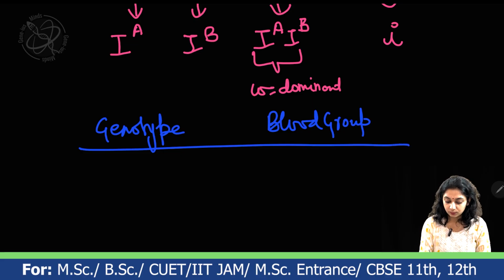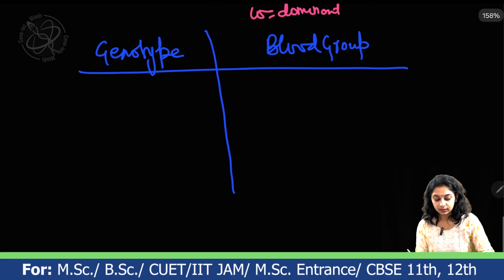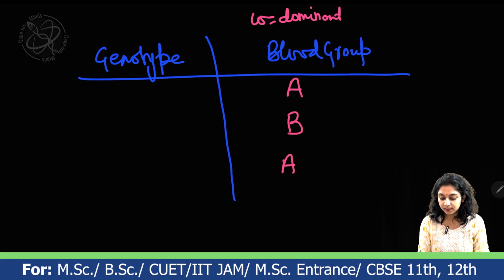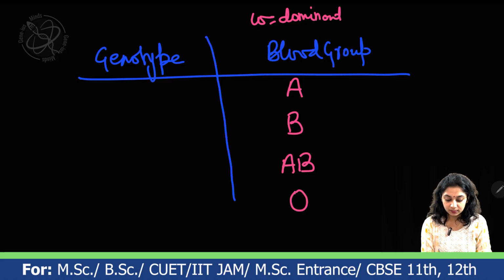Here in this case, as I have told you, we have four different blood groups. So what are the possible alleles in this case? Let me just change it to alleles. Don't get confused, it's alleles.